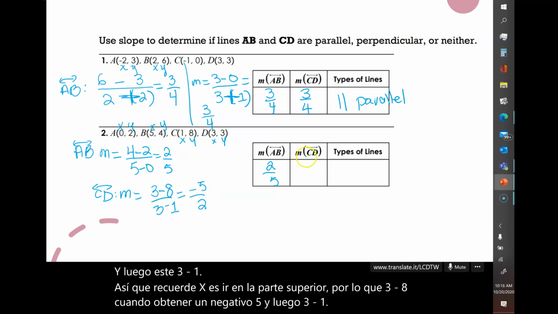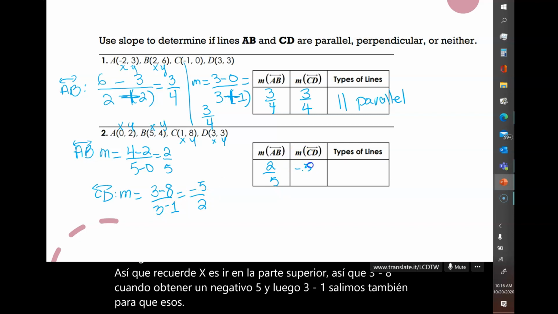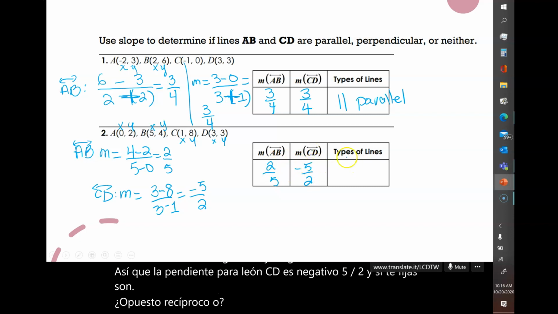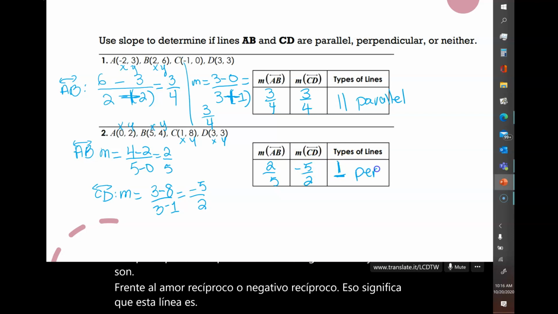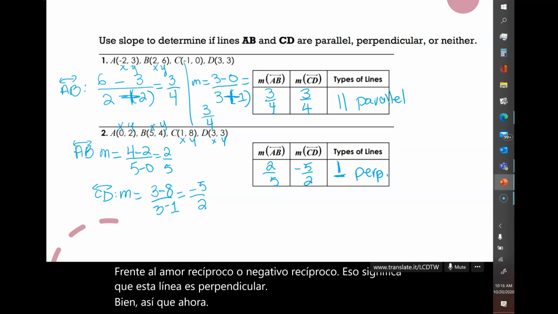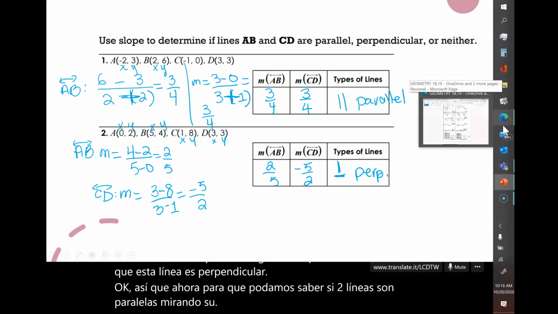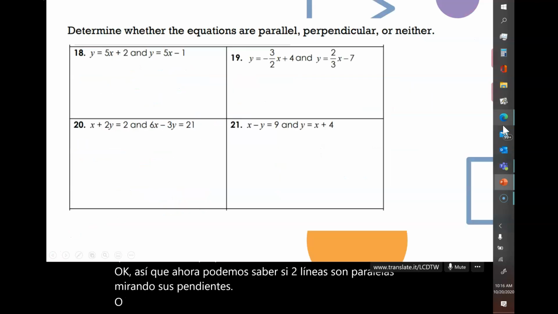So the slope for line CD is negative 5 over 2. And if you look, they are opposite reciprocal or negative reciprocal of each other. So that means this line is perpendicular. Okay, so that's how we can tell if two lines are parallel or perpendicular by looking at their slopes.